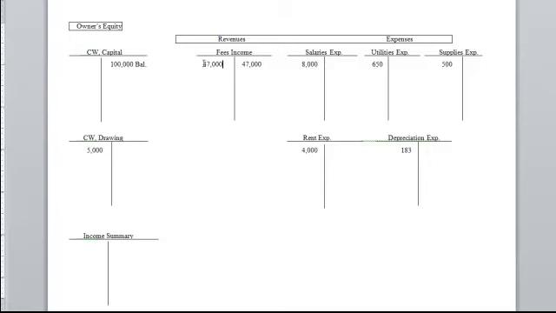Now because I'm debiting fees income, I have to credit something, and for these first 2 steps we're going to use the Income Summary account to help us. So since I debited fees income for $47,000, I'm going to credit income summary for $47,000. So I have a debit to fees income, a credit to income summary. That's my first step. Close out my revenue accounts to the Income Summary account.